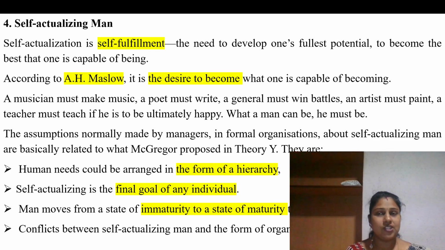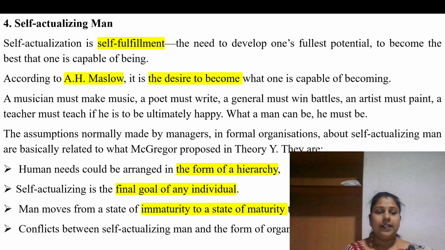For example, a musician must make music, a poet must write, a teacher must teach. All these things ultimately make them happy. What a man can be, he must be. He has to fulfill that, then only will he be self-actualized. For that he shows his efforts and behavior.